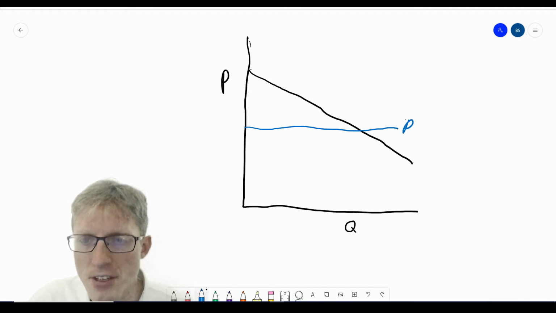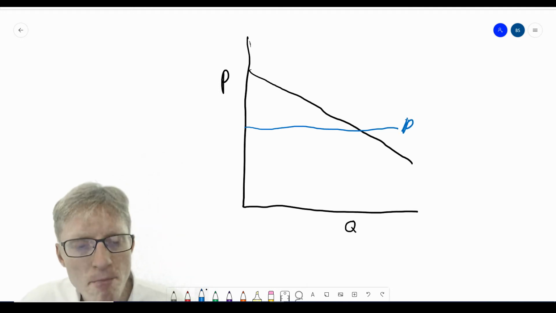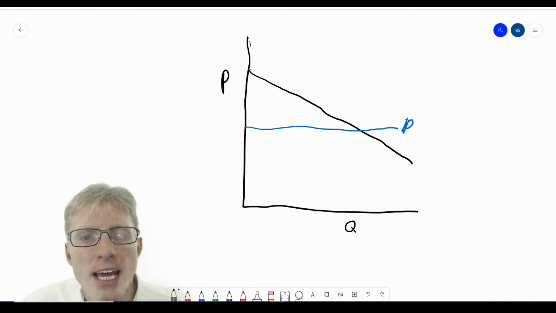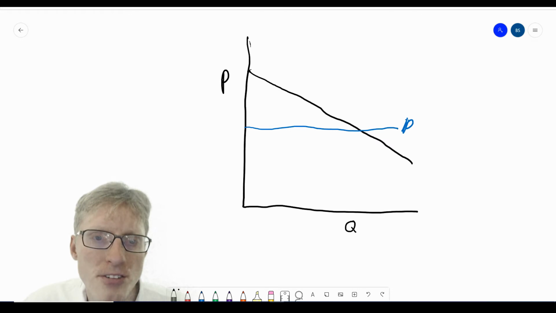my drawing skills notwithstanding. Okay, so let's say, for example, that I am the point who is represented at this highest point along the inverse demand curve, and I valued at $10.